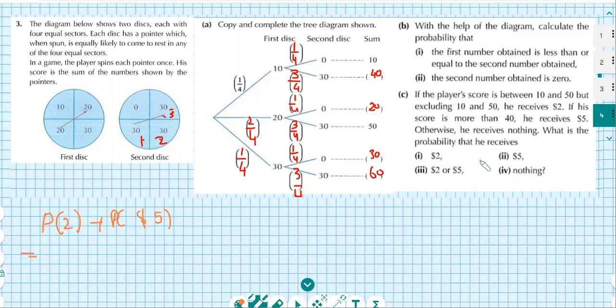So the probability of $2, which we got in part 1, was 3 over 8, and the probability of getting $5, which we found in part 2, was 9 over 16.